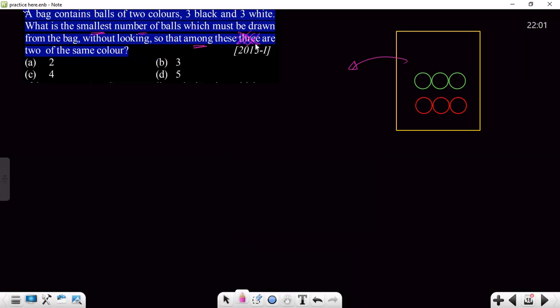Okay, let me confirm whether this is a misprint or not from Google, but I'm very sure about the question.